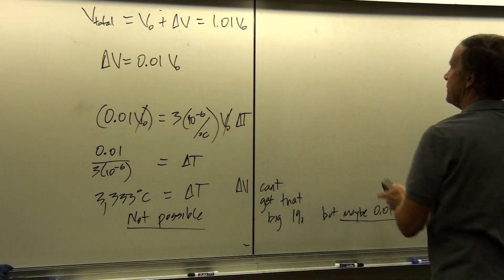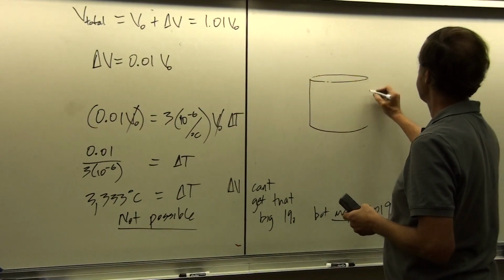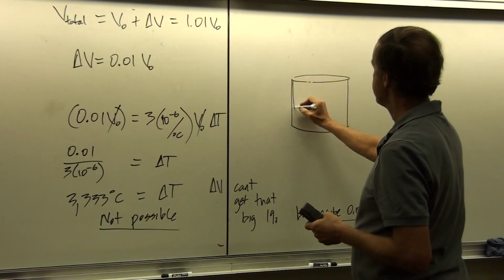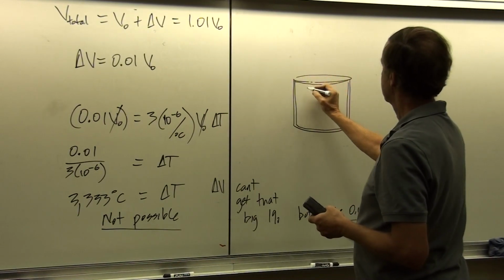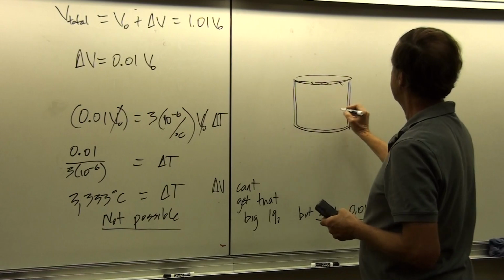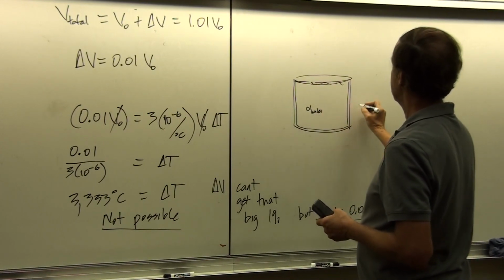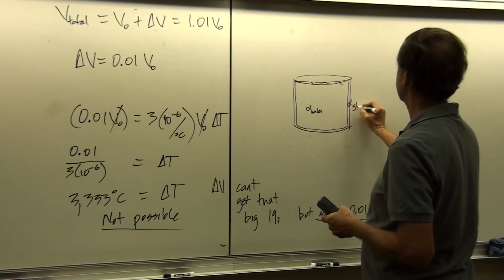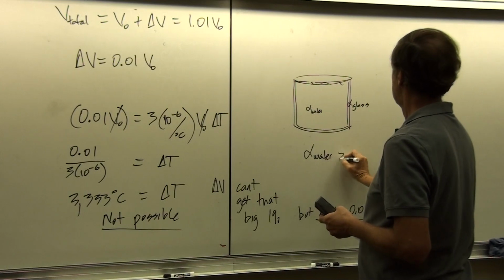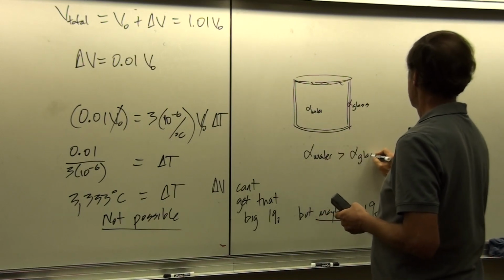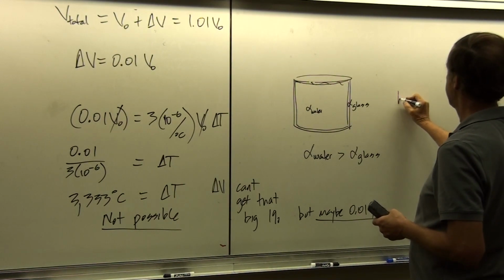Okay, so what would happen if you filled up a glass with water, and the alpha of the water is greater than the alpha for the glass, and then you heat up both of them?